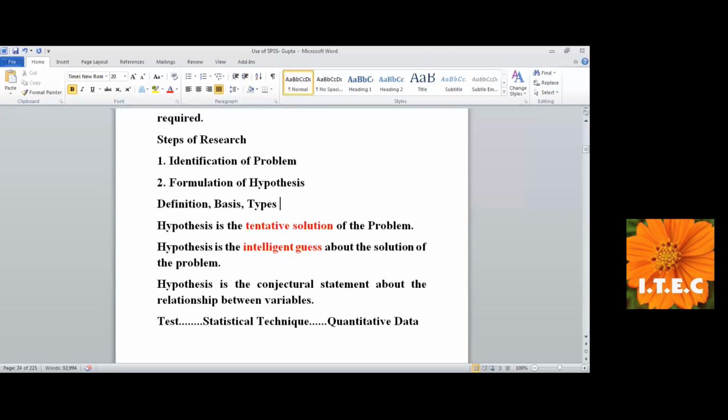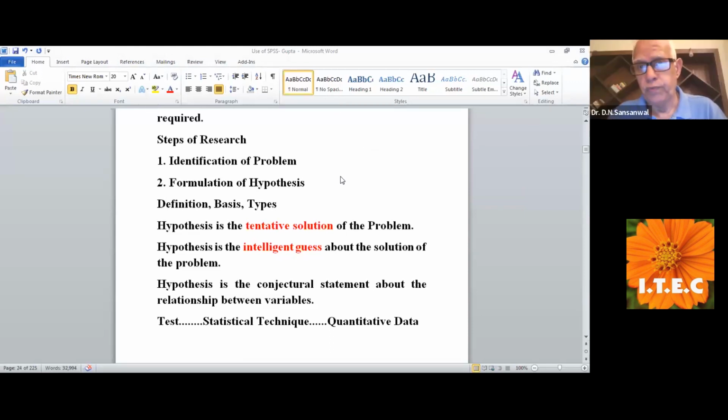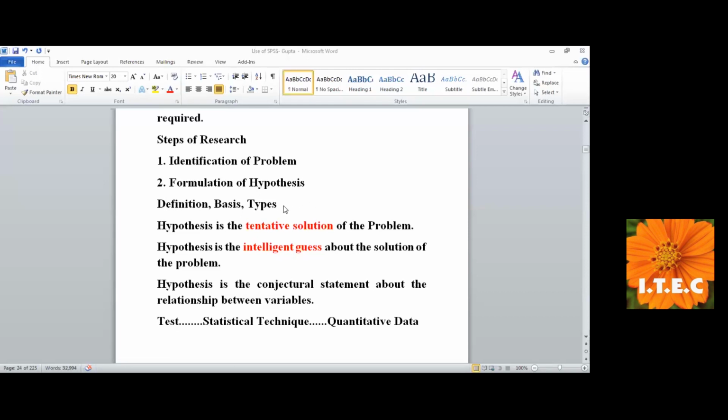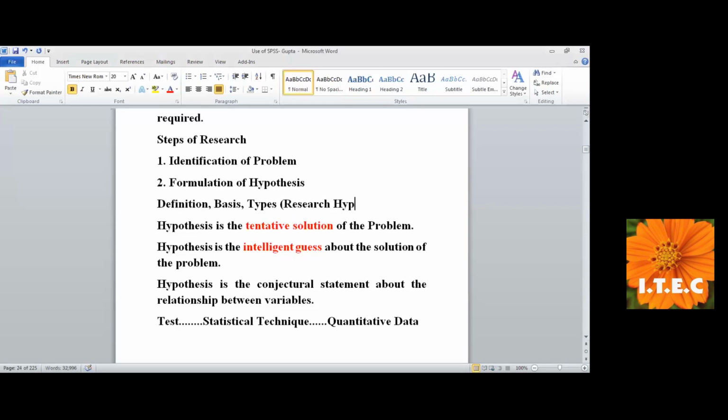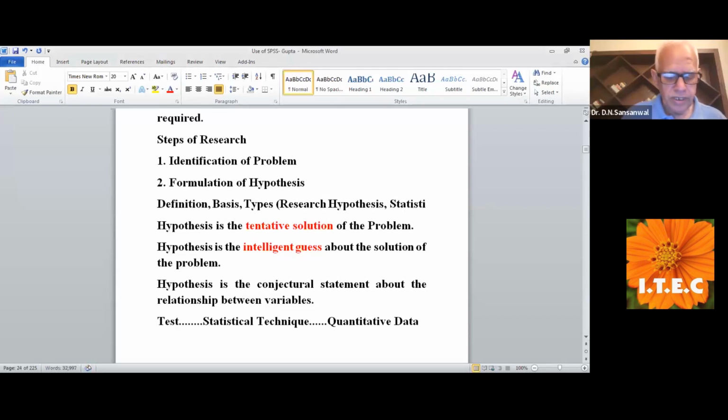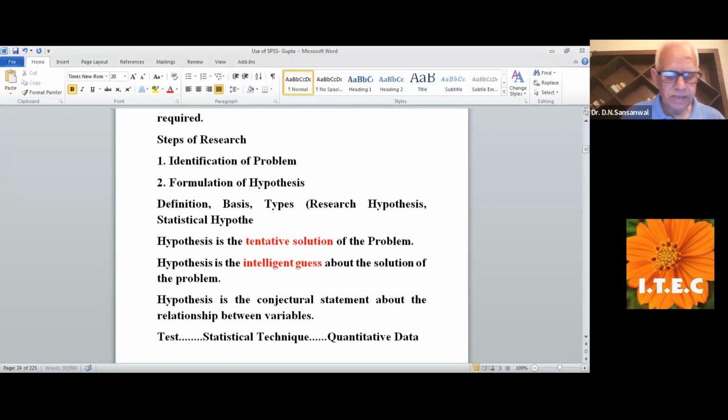Directional or non-directional? No, these are wrong. The types of hypotheses are three. One is called research hypothesis. Another is called statistical hypothesis.